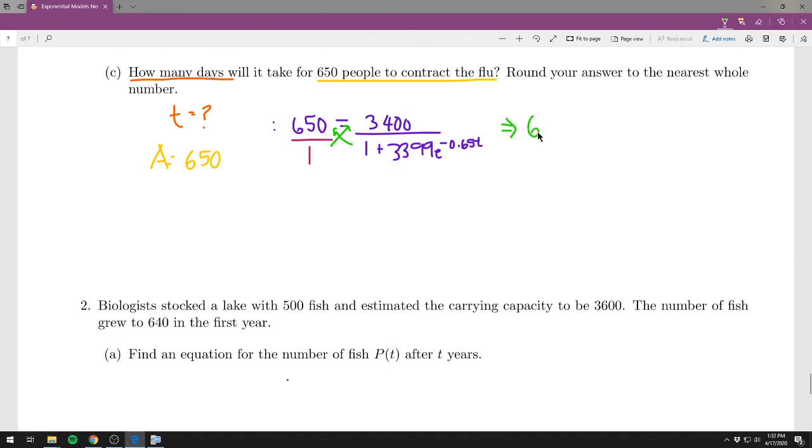It's a similar question with some messier numbers. So on the left side, we get 650 times this messy denominator, 1 plus 3399 e to the negative 0.65 t. And when we multiply 1 over there, that doesn't change. So that's 3400.